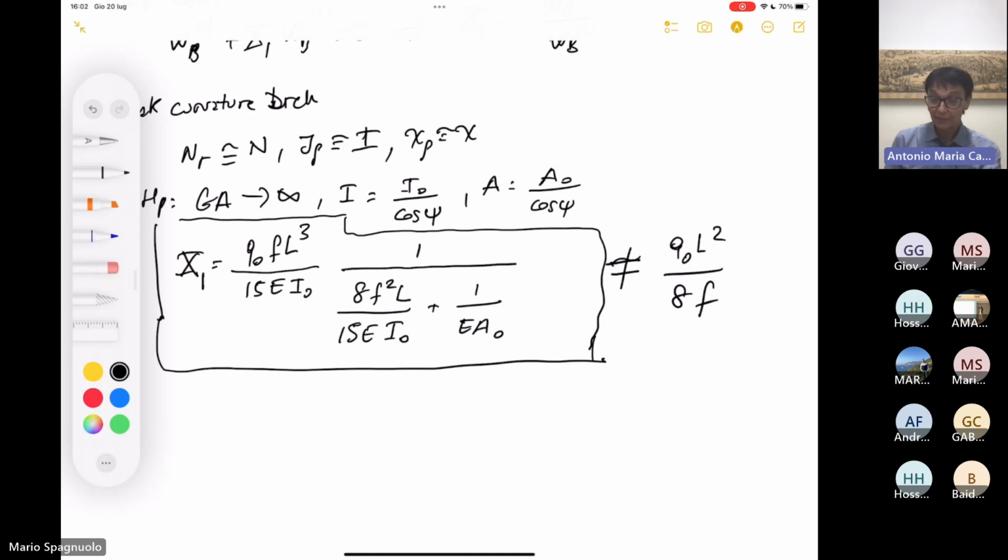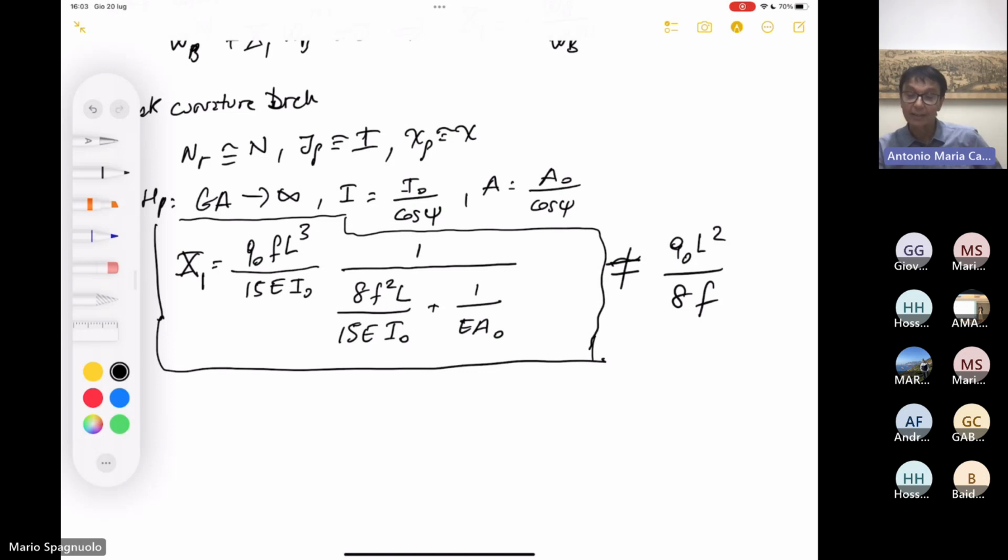But we can find a shortcut to overcome this. The difference will not be particularly relevant if EA0 goes to infinity.